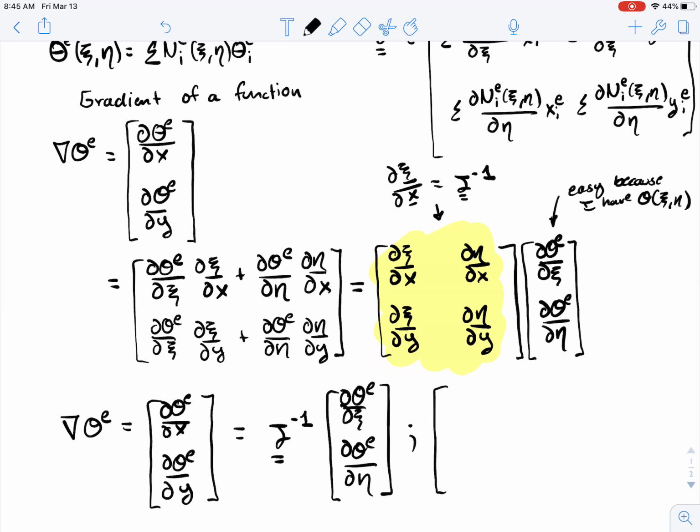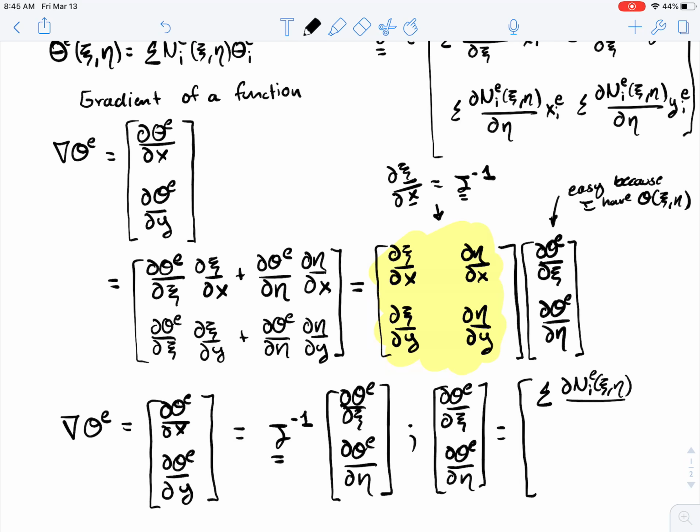And then these derivatives, d theta e with respect to xi and d theta e with respect to eta, are actually directly available, because this is just the sum of partial N with respect to xi times nodal values, and this is the sum of partial N with respect to eta times the nodal values.